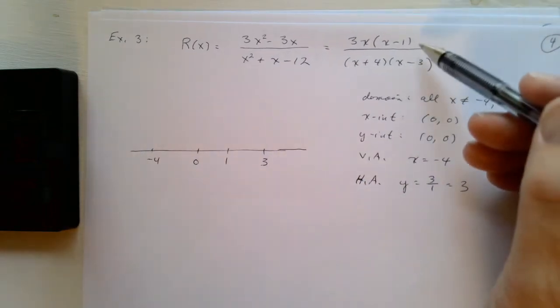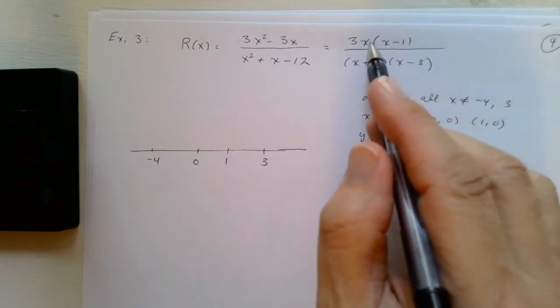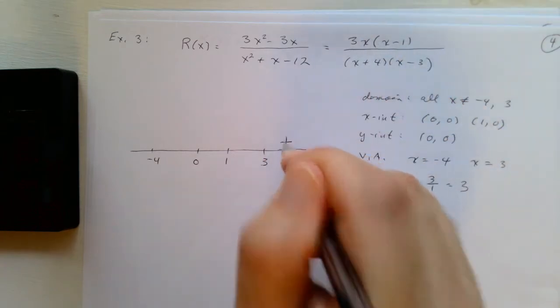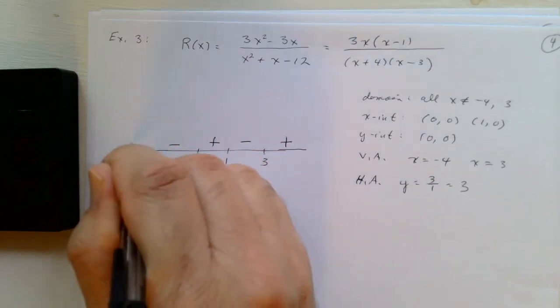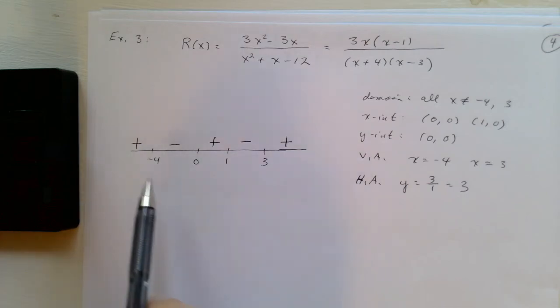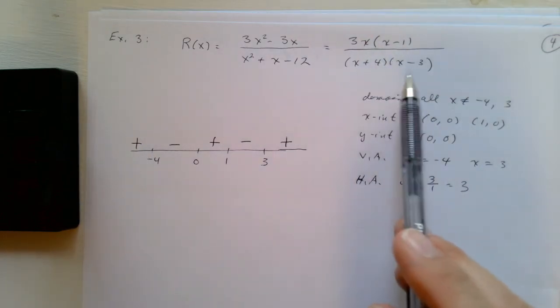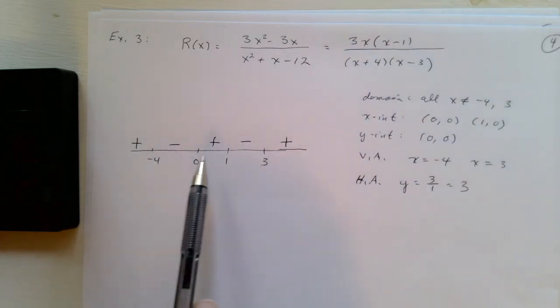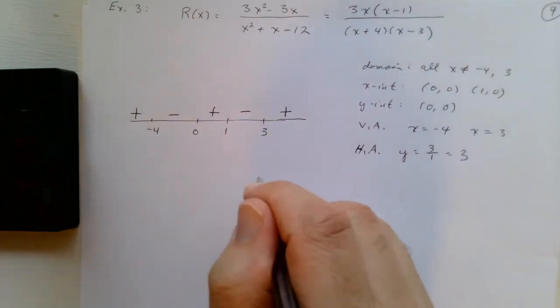Over here, everything is positive. Once again, you can check that it goes from positive, negative, positive, negative, positive, either by determining the sign of each factor, or by plugging in numbers in each of these intervals and seeing what the sign is.